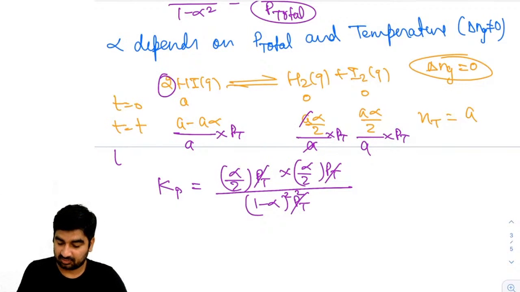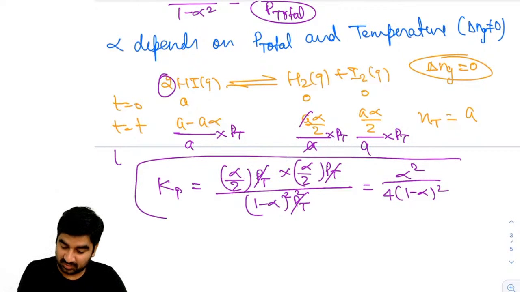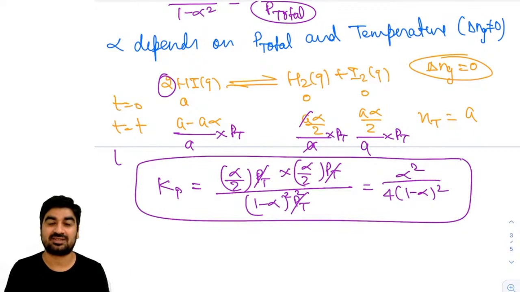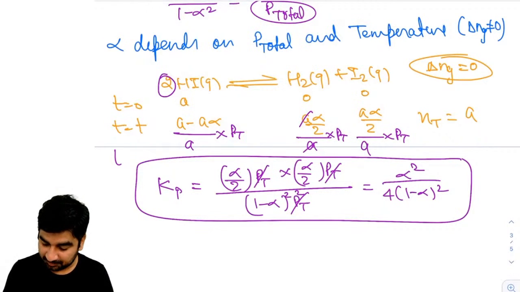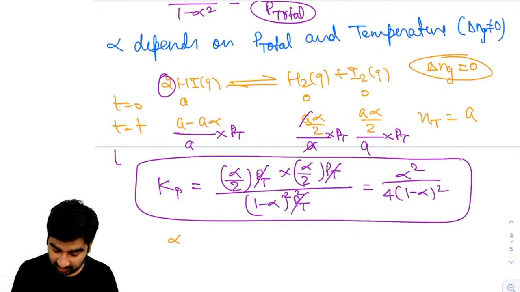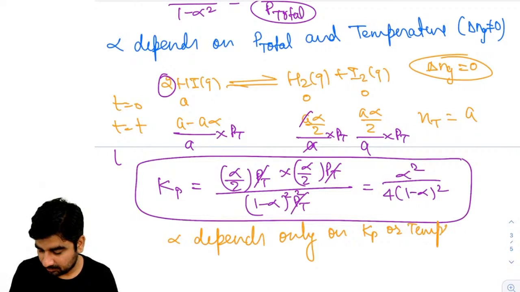So you will get alpha square over 4 into 1 minus alpha square. So here you can see this expression does not contain P total. And if this expression does not contain P total, I will say that alpha depends only on Kp or temperature, because Kp depends only on temperature.